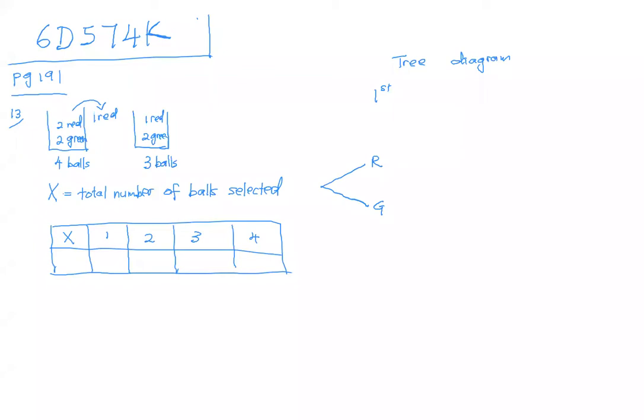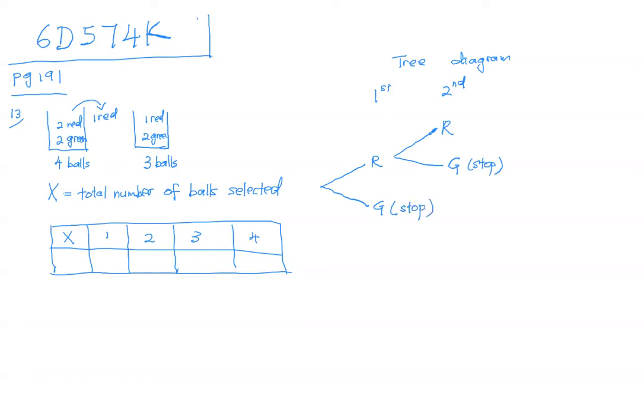So if the first one I select is green, I stop. If it is red, I have to continue to select the second one. I can get red or green. Here I stop because I got a green ball already. Here I also stop selecting.